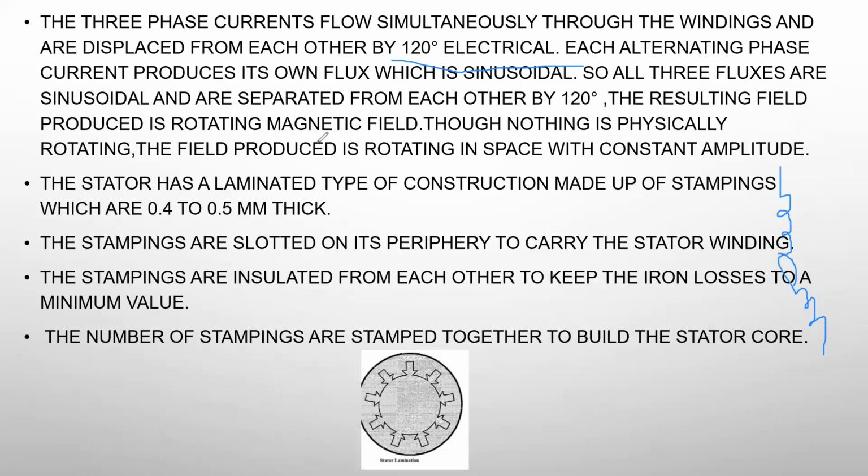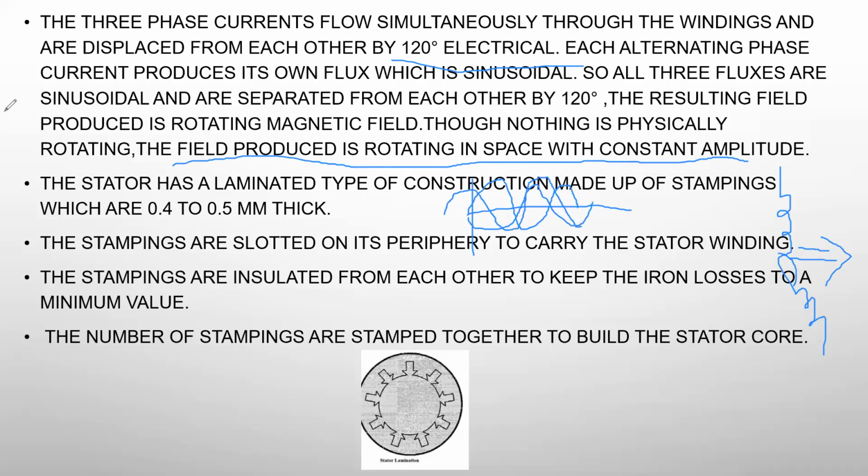So all three fluxes are sinusoidal and are separated from each other. The total produced from this is called the rotating magnetic field. Physically, the stator is not rotating, but the field produced is rotating in space with a constant amplitude. The three phases produce a constant amplitude.